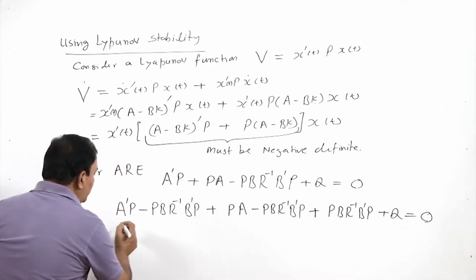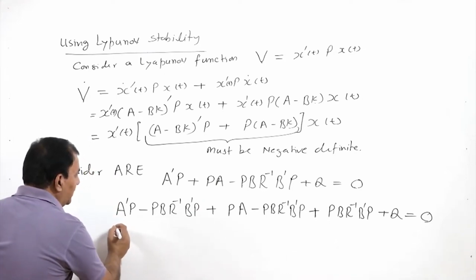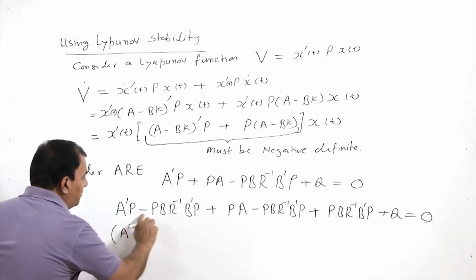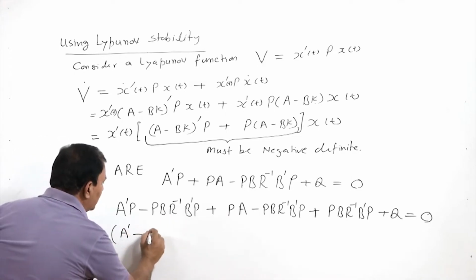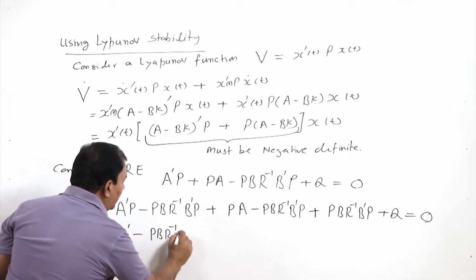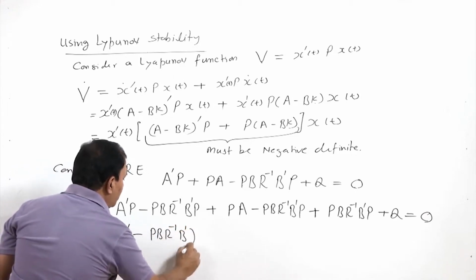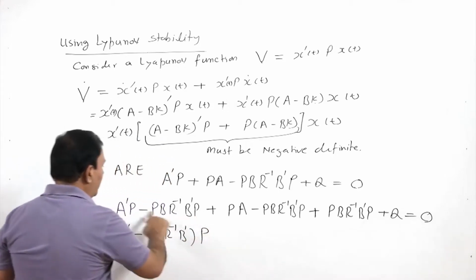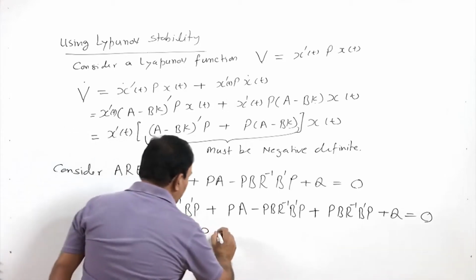So, this is not going to change, and what we are writing? We are writing A prime P, we are taking from out minus P B R inverse B prime P from these first two terms.